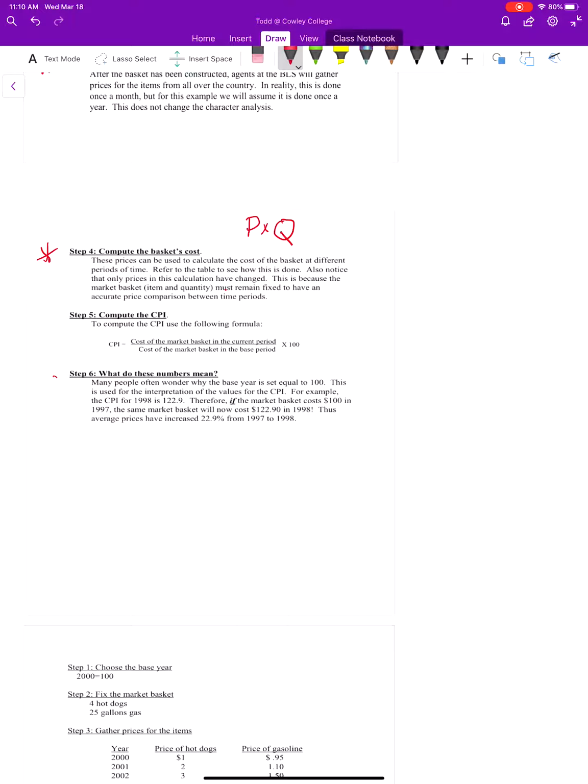Step number 5, and we'll do this in just a moment, is to calculate the number for the consumer price index itself, the actual value of the index. And then the last part is to interpret what exactly this consumer price index means. What does this number actually tell us?